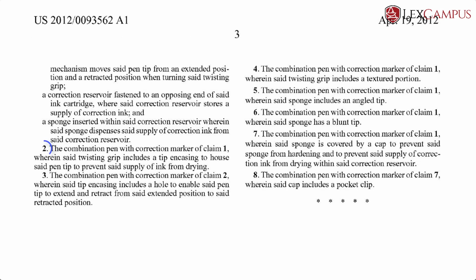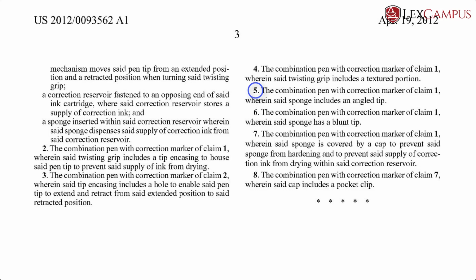Now, claim 2 cross refers to claim 1. So, a combination pen with correction marker of claim 1, wherein the said twisting grip includes a tip encasing to house the said pen tip to prevent said supply of ink from drying. Now, that is a small modification to help the ink from drying.